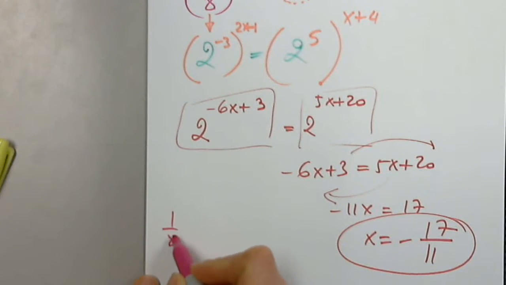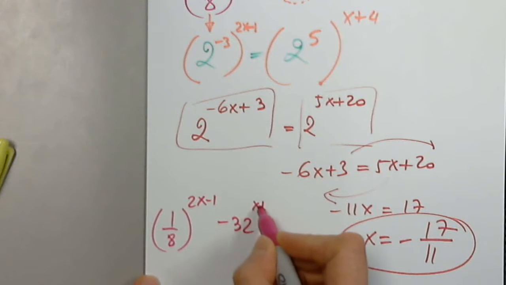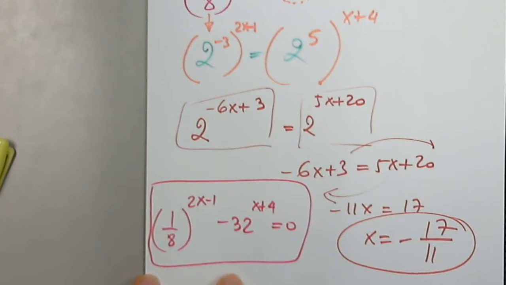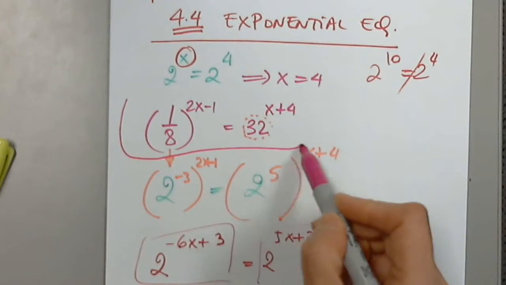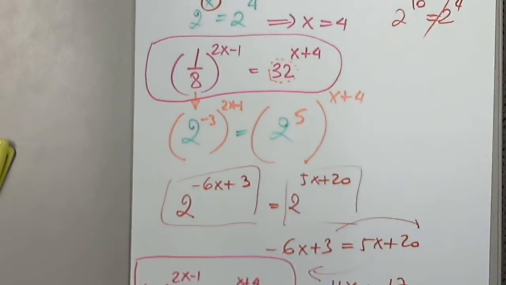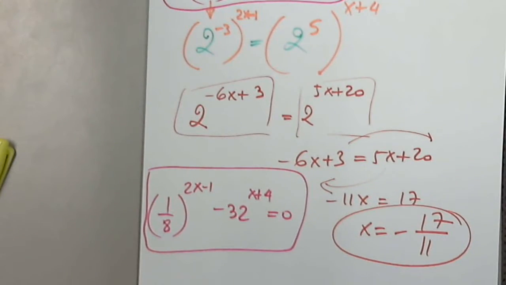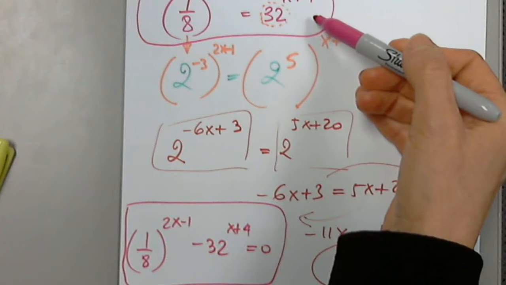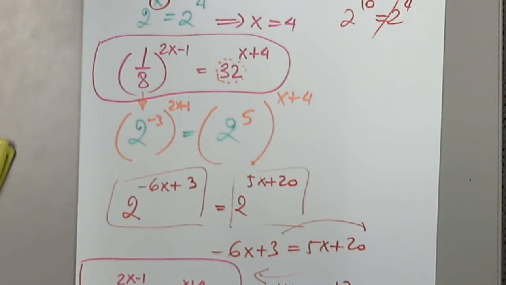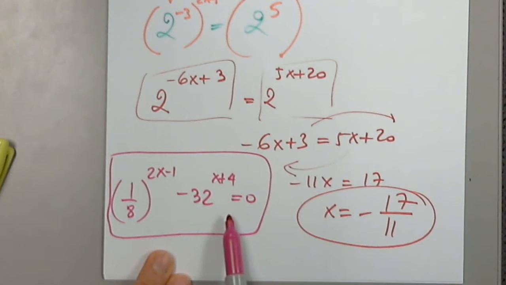Here's my first question for you. Would you agree that if I check in this equation or I check in this equation, I get the same thing? In this equation, I took this side to the other side and put 0 on the other. So are these two equations the same? Yes. So if I check negative 17 over 11 in here, or in here, it's the same.